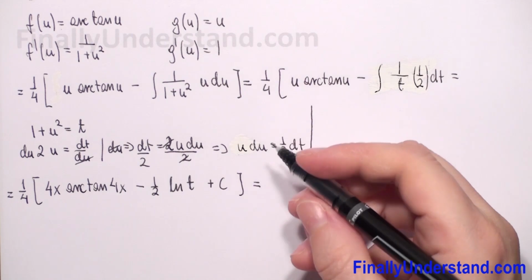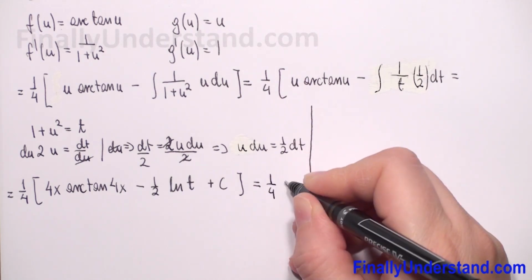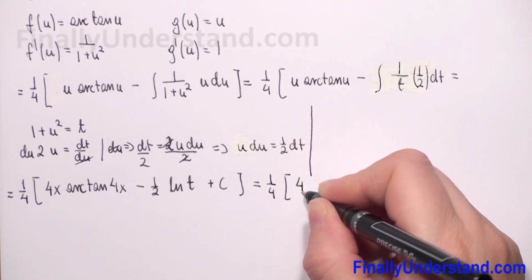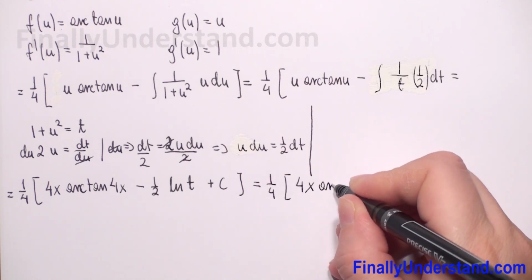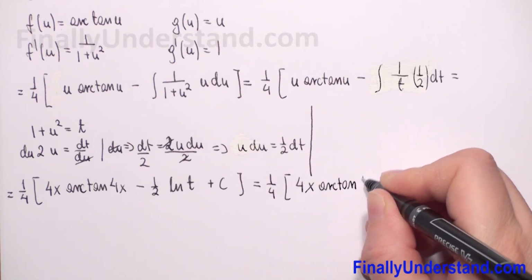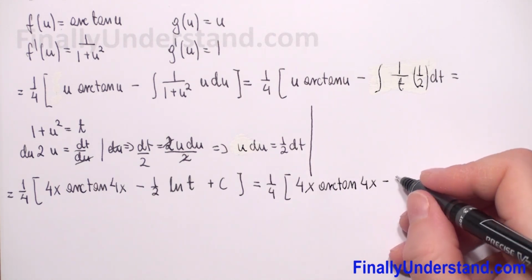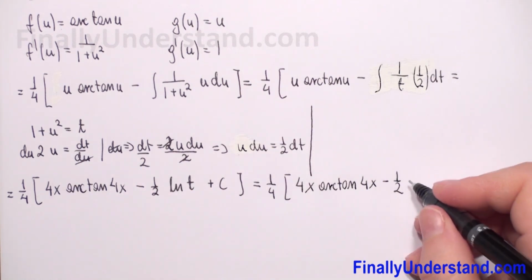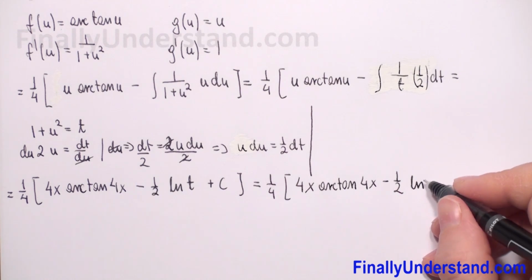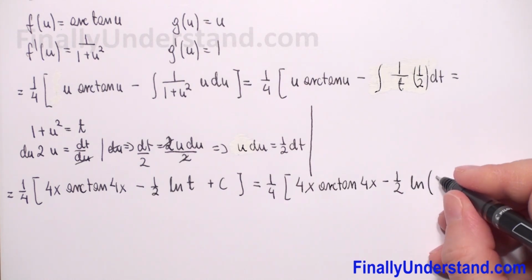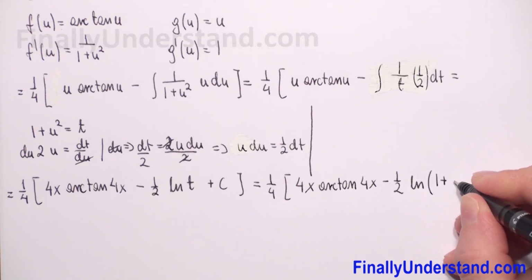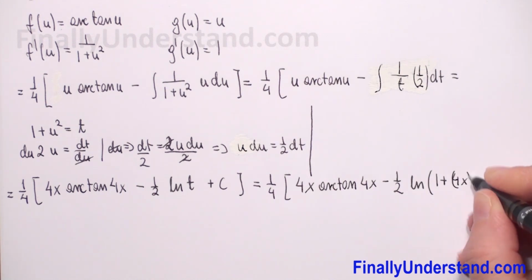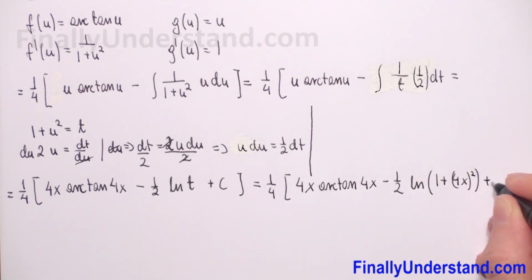So we will have 1 over 4, in brackets we have 4x arctangent of 4x minus 1/2, and for t we will copy the natural logarithm and we will have in parentheses 1 plus u squared, where u is equal to 4x, plus constant c, close brackets.